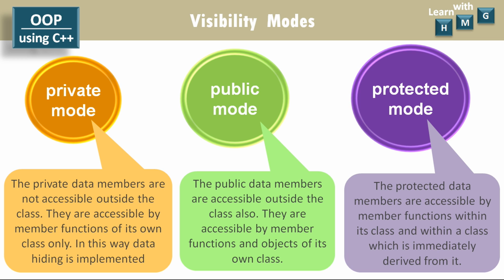So sometimes, to solve a certain problem, it is necessary to access these members in its immediate derived class also, and in such a situation these data members are declared as protected. Due to this protected visibility mode, these data members are accessible in the immediate derived class of the base class.